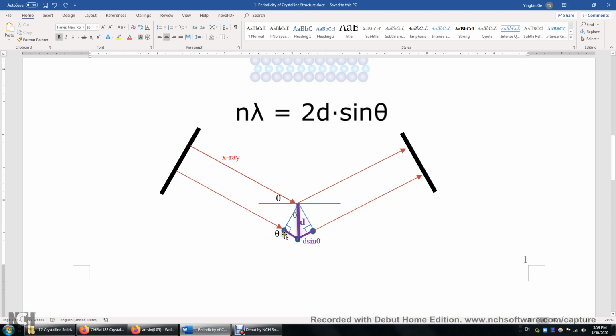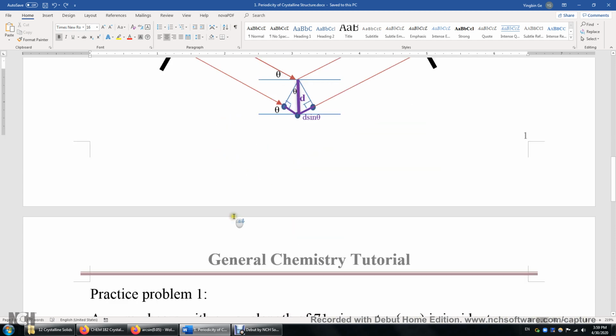So again, the second beam has traveled a longer distance of 2d sine theta. Again, this is 1d sine theta. This is the second d sine theta. So 2d sine theta. So make sure you understand, when you have a triangle here with this 90 degrees, this segment is simply d times sine theta.